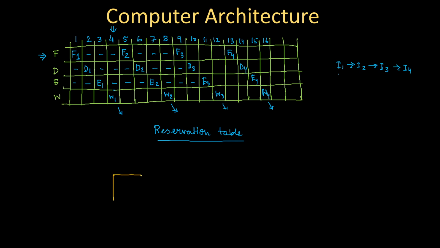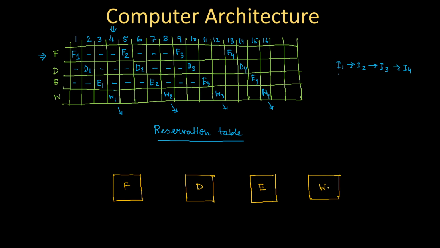I will obviously have the 4 stages: F, D, E and W. Now what we are suggesting is that when the decode stage is busy decoding, say, instruction 1, at that time don't keep the fetch stage free as I have done over here. Use this fetch stage for fetching instruction 2.